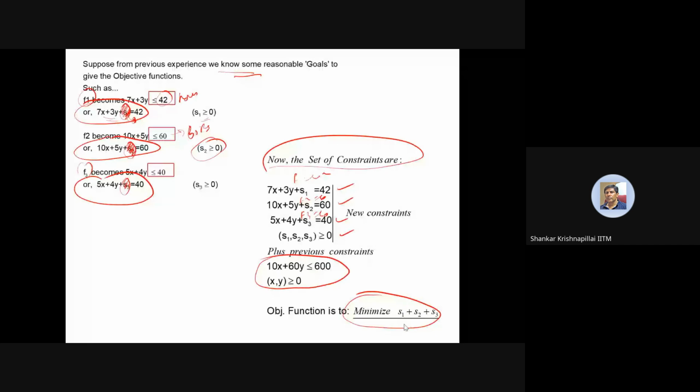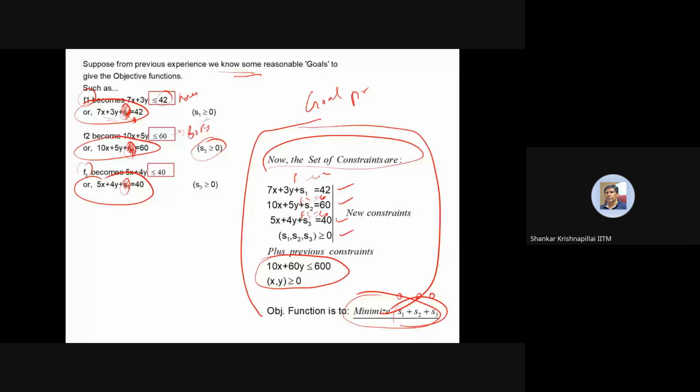Because S1, S2, S3 are all positive numbers, if you minimize S1 plus S2 plus S3, then each of these will try to become equal to 0. So now the original multi-objective optimization problem becomes a goal programming problem.